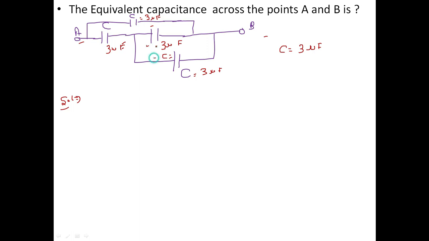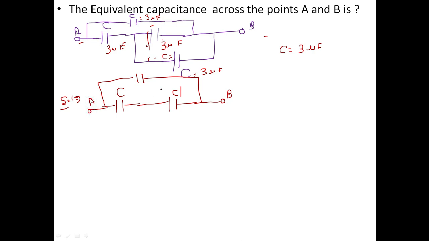This one and this one are in parallel. So in parallel we consider it one equivalent block, that we have considered as C dash.